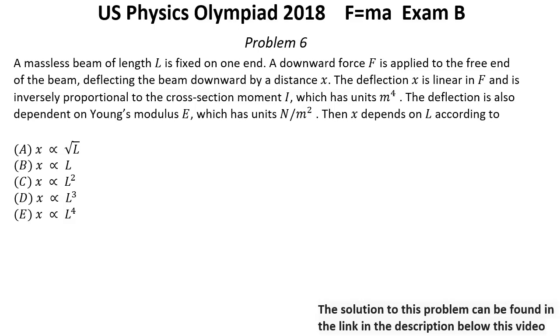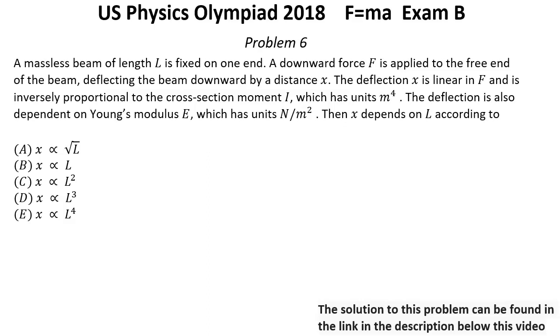The deflection x is linear in F and is inversely proportional to the cross-section moment I, which has units meters power 4. The deflection is also depending on Young's modulus E, which has units newtons per square meters. Then x depends on L according to next one.